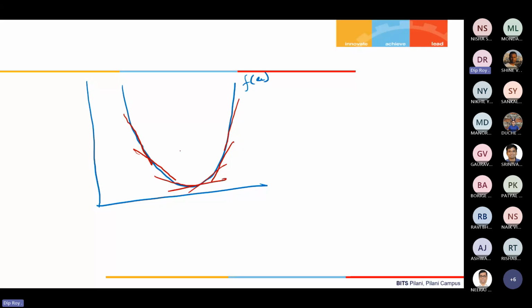All these lines are there, all right? The tangents. Your x-axis is essentially the generator distribution. Your y-axis is essentially the f divergence. Sorry, this is P of Q. All right, this is the divergence.